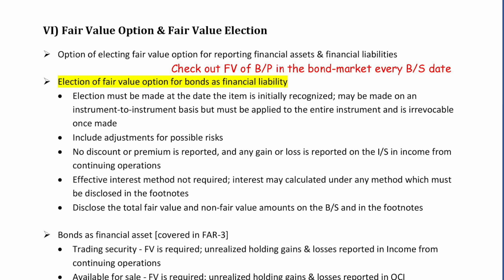And right there, bonds payable FAR 4, because the concept of bonds as a financial liability has been discussed right here in this section in FAR 4. And if you elect the fair value option for bonds payable, highlight no discount or premium is reported and any gain or loss is reported on the income statement in income from continuing operations.